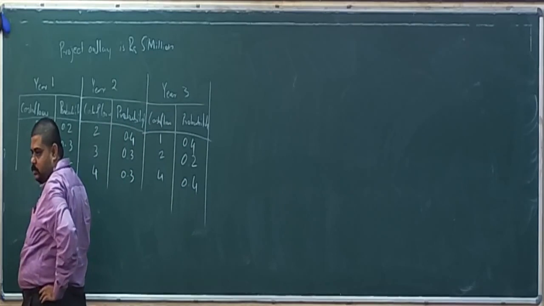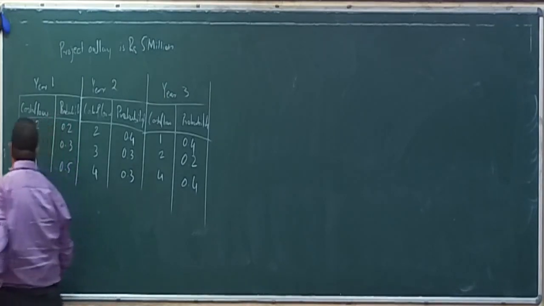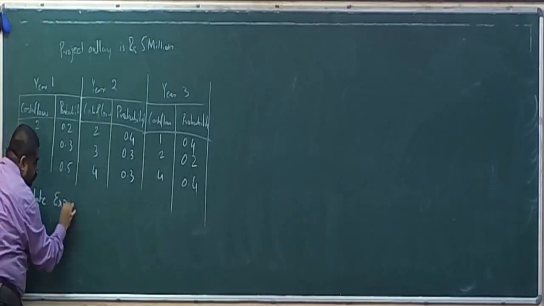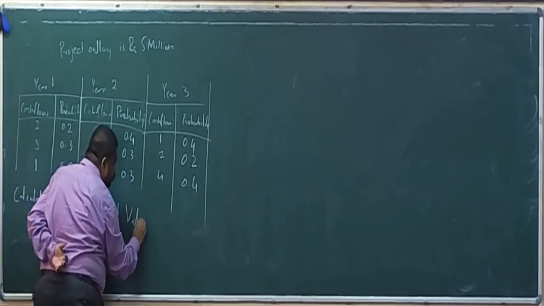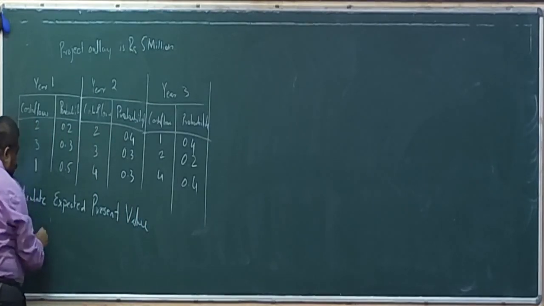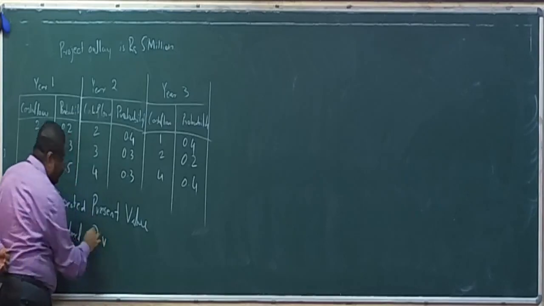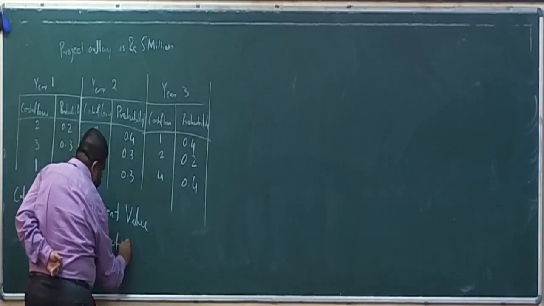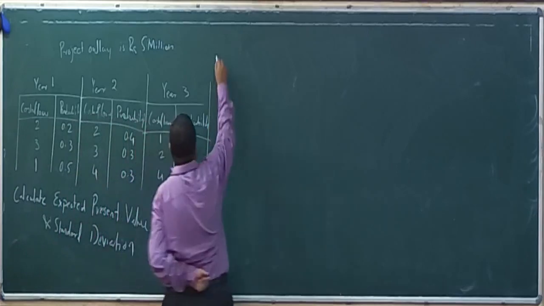So assuming that the cash flows are independent, we are supposed to calculate the expected present value and the expected standard deviation. Now let us try to solve this.